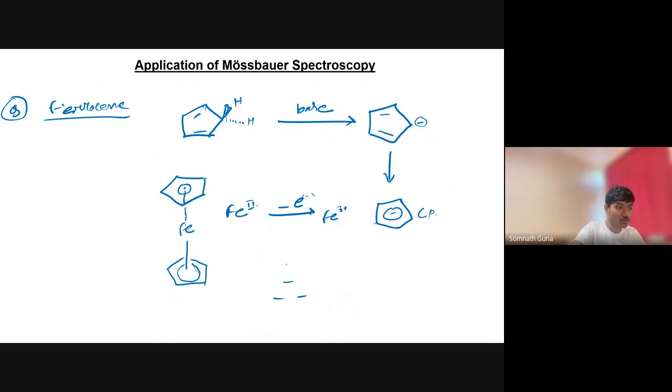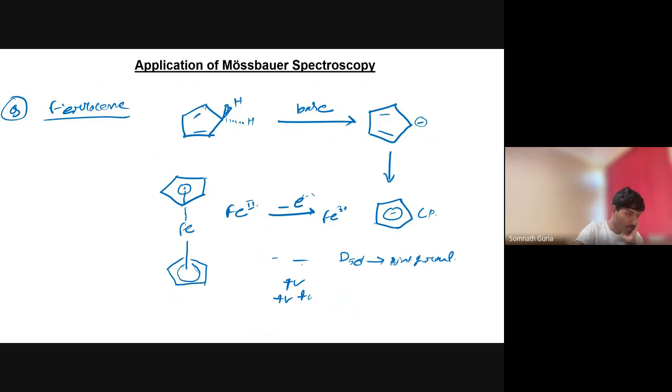This is the staggered point group, D5d, and the d orbital electron distribution will be like this, because of the energy gap we are talking about.